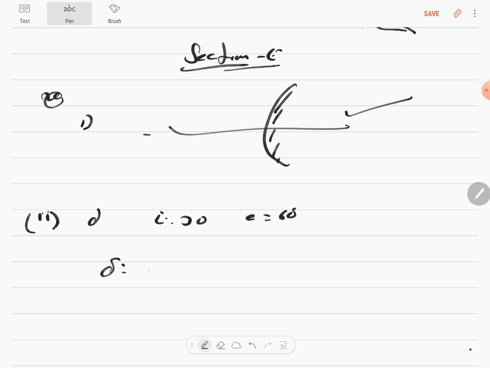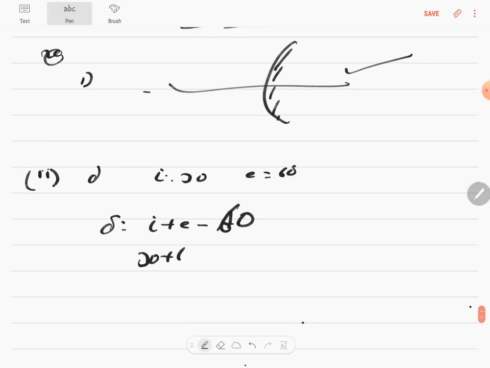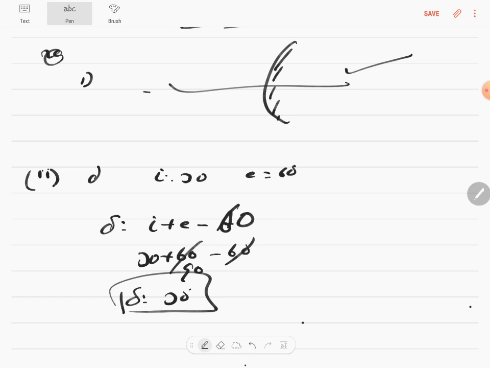Delta is equal to I plus E minus A. Do you know the angle of the prism? For an equilateral prism, the angle will be 60. So it's 30 plus 60, that is 90, minus 60, so deviation will be 30 degrees. Done with that sum.